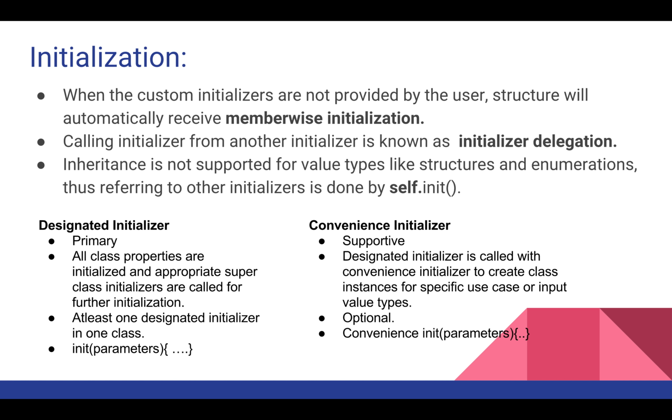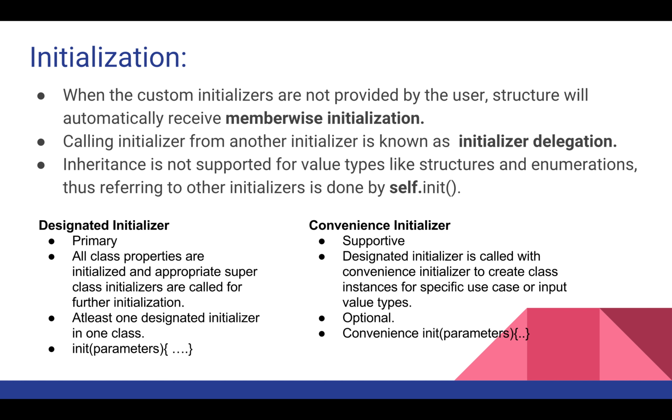Swift defines two kinds of initializers for class types to help ensure all stored properties receive an initial value. These two types are designated initializers and convenience initializers. Designated initializers are the primary initializers for a class.